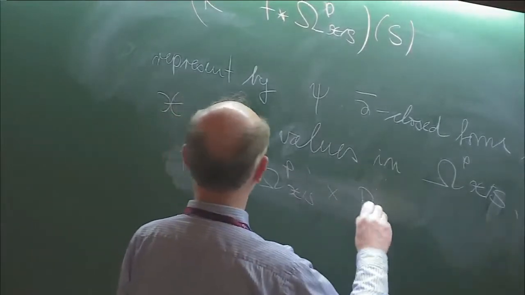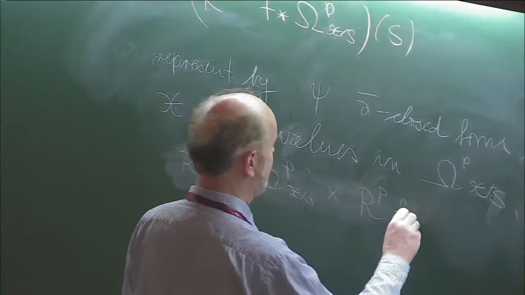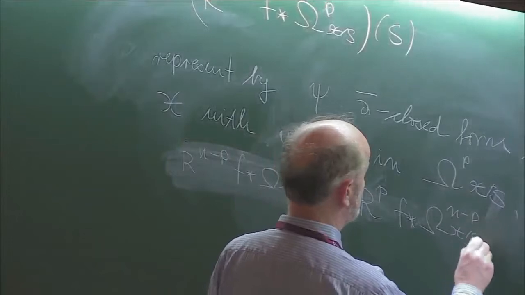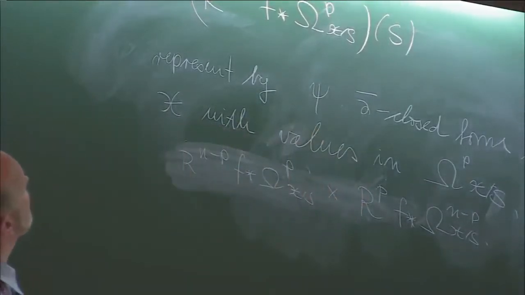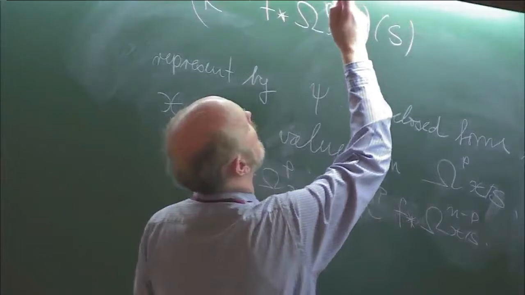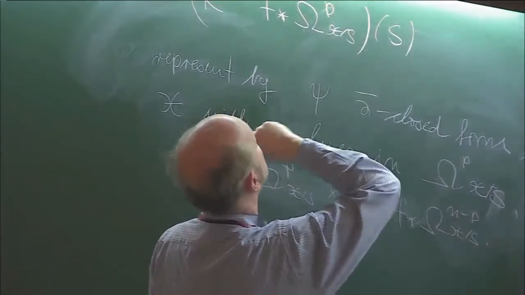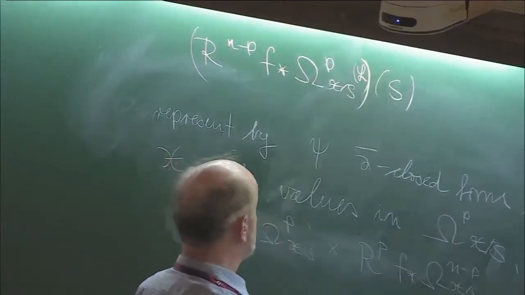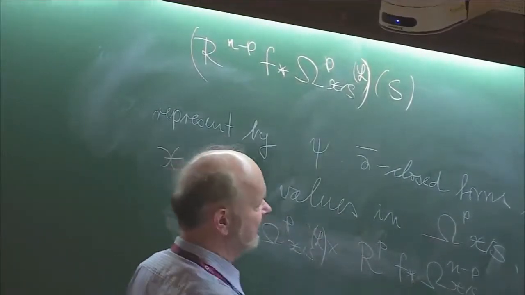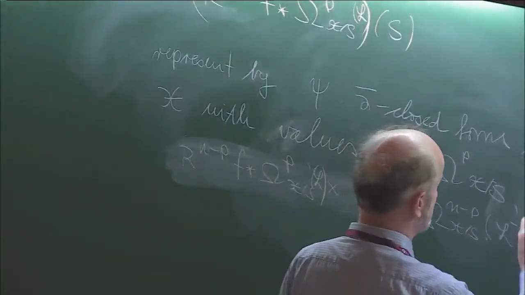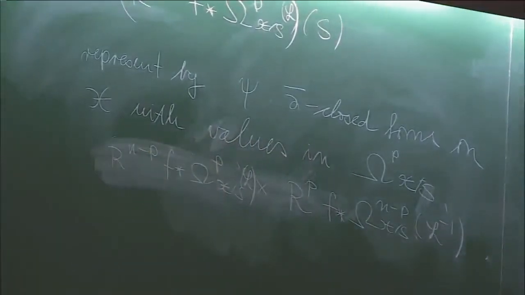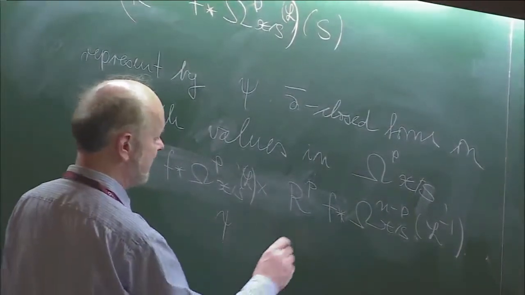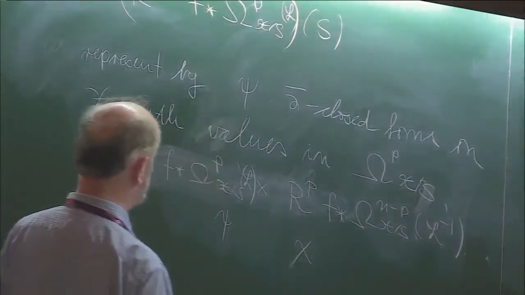S times R^p F lower star of Omega^(n minus p) of X over S. And so in this case, this also applies to the twisted situation, otherwise nothing new would be done. N minus 1. And then we have here psi, and here we have chi.